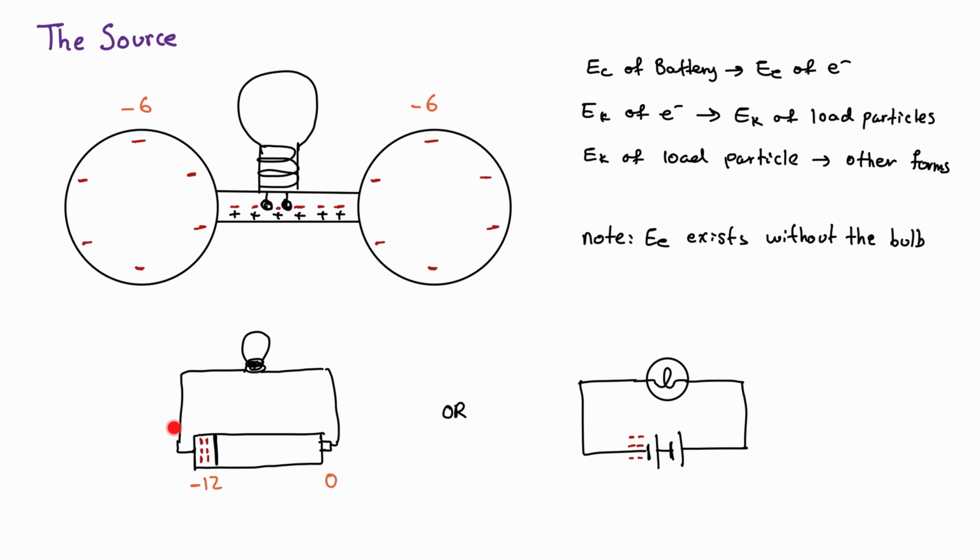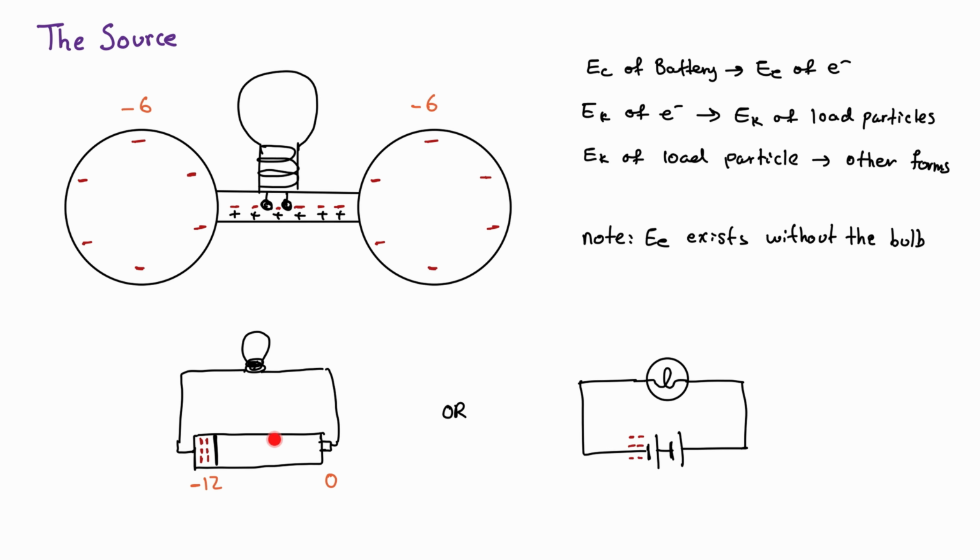And that causes a constant rate of flow of charge, which we call current, to move from here to here, so the speed doesn't really change. The electrons are always moving at the same speed around the circuit. This happens until the chemicals here can no longer react, and that's when your battery starts dying.